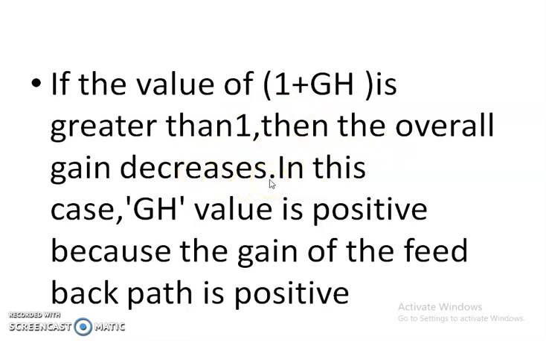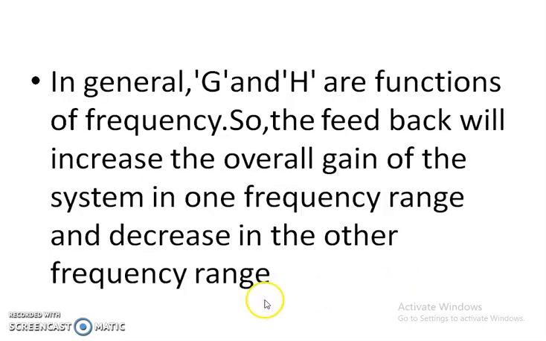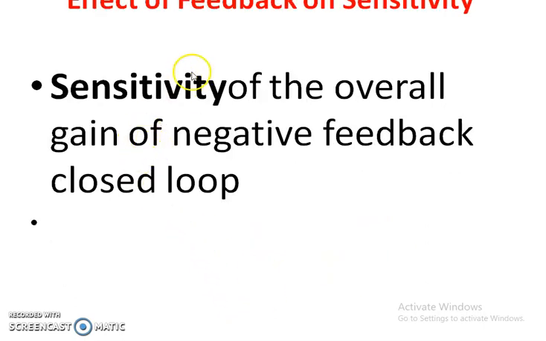In this case, GH value is positive because the gain of feedback path is positive. In general, G and H are functions of frequency. So the feedback will increase the overall gain of the system in one frequency range and decrease it in the other frequency range.